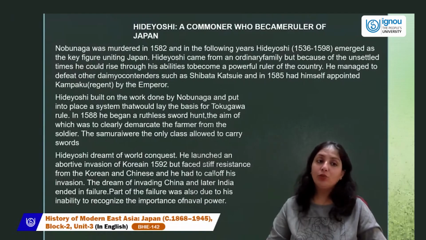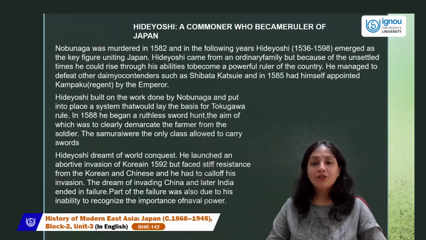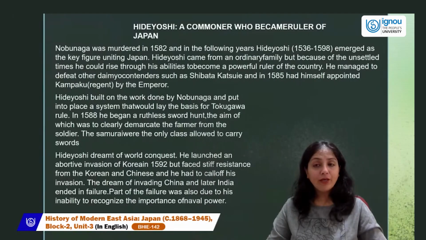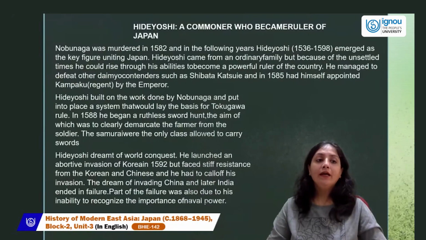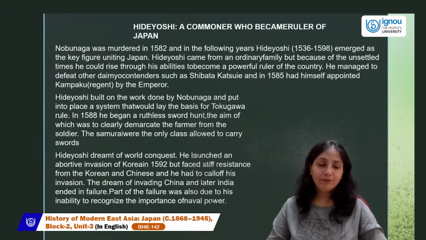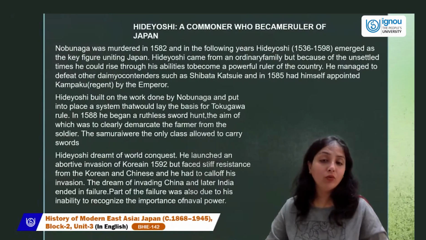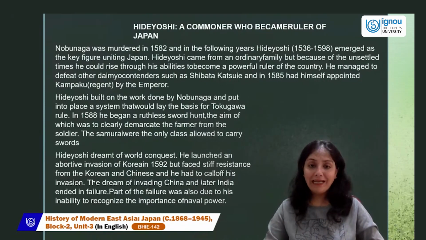He managed to defeat other daimyo contenders such as Shibata Katsue, and in 1585 he had himself appointed Kampaku, which means the regent, by the emperor. Hideyoshi built on the work done by Nobunaga and put into place a system that would lay the basis for Tokugawa rule.